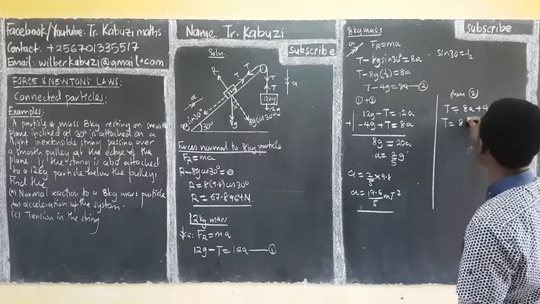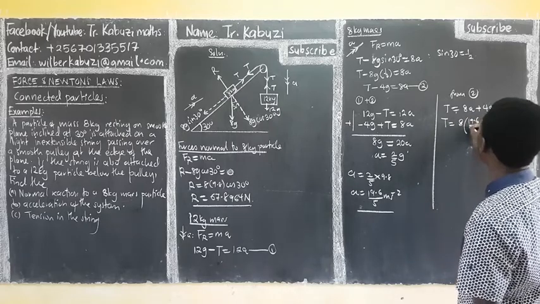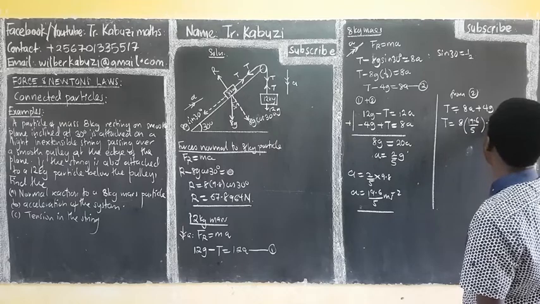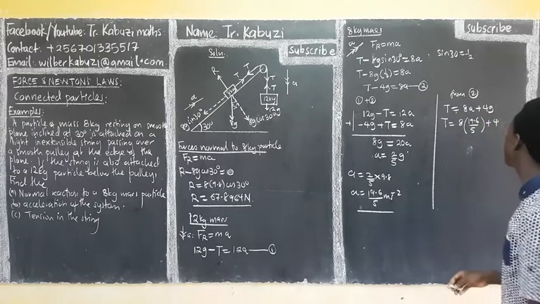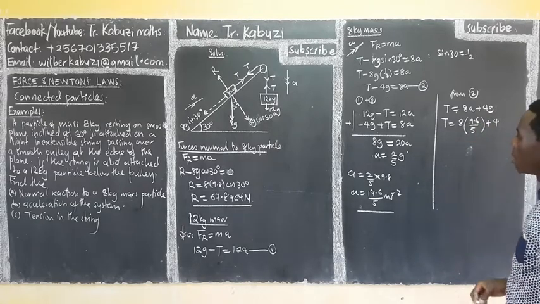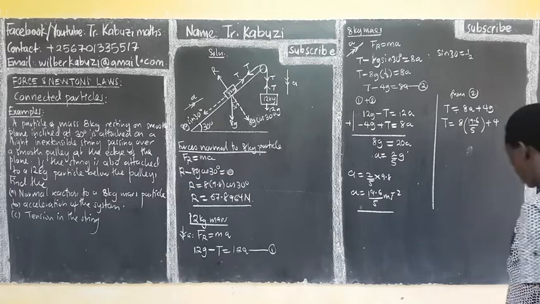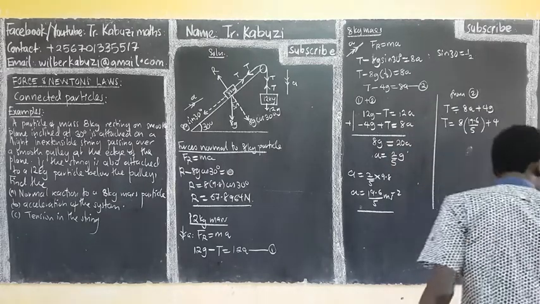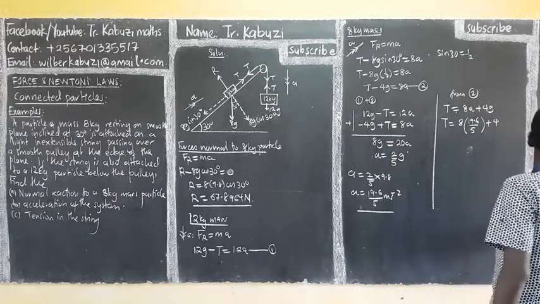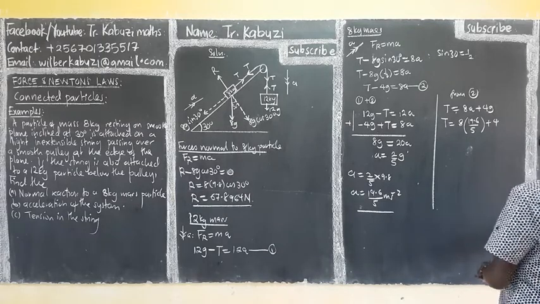My acceleration is 19.6 over 5, then plus 4g. I would have put it here, then life would have been easier. Let me not take a lot of time. Let me just get it in that order.